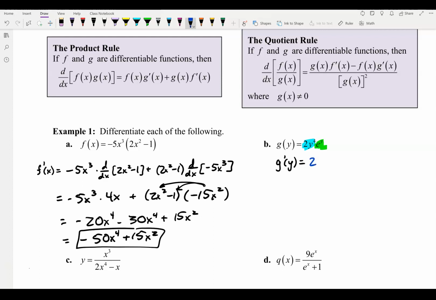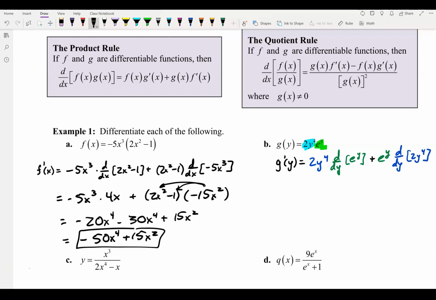So if we take our first function times the derivative of e to the y, which is just e to the y, but I'll go ahead and write this, whoops, it's a dy. We're taking the derivative with respect to y here. And then there's the first times the derivative of the second, plus the second times the derivative with respect to y of 2y to the fourth.